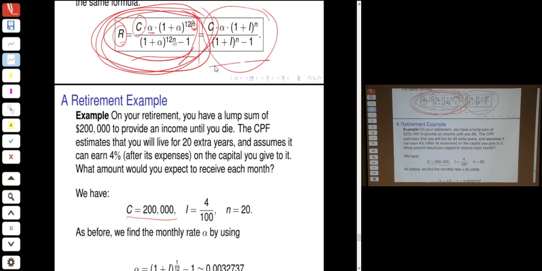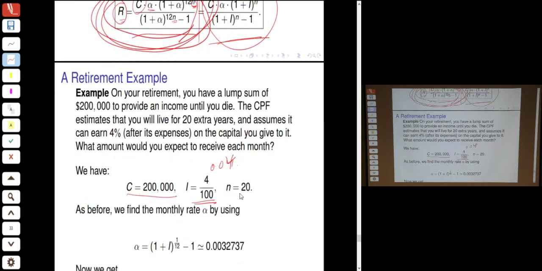I is the annual interest rate, so I is 4%, but in these formulas you should always use the fraction form. So instead of 4%, you should write it as 4 over 100, so 0.04. And N is 20 years.